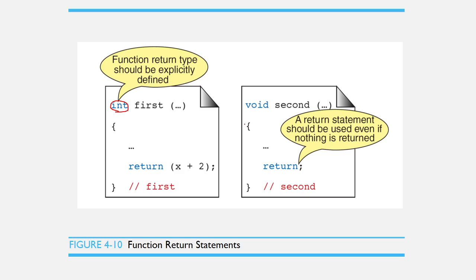If you have the void return type, you don't need to specify the value type to return, only the return statement. So here the return statement should be used even if nothing is returned, but it is not a requirement.